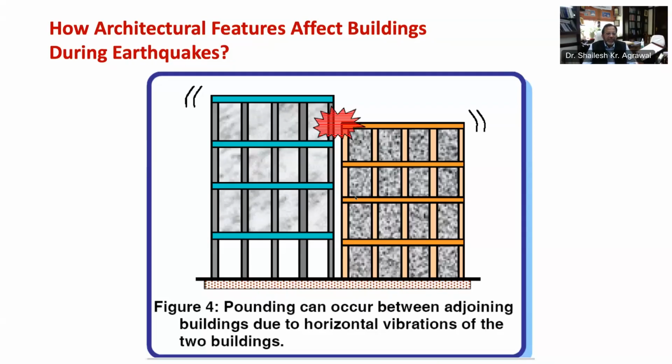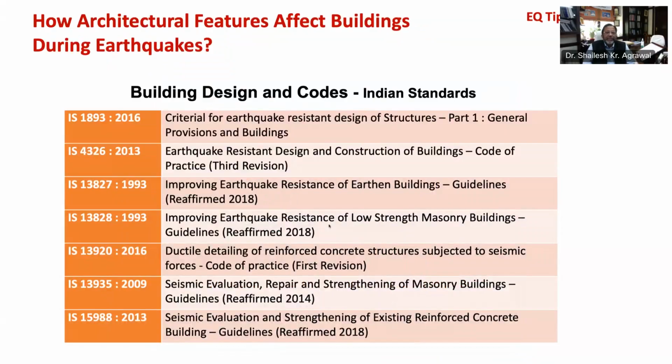It is worth mentioning here that when irregular features are included in the building, a considerably high level of engineering effort is required in structural design, and yet the building may not be as good as one with simple architectural features.